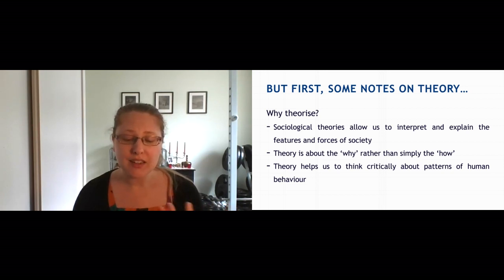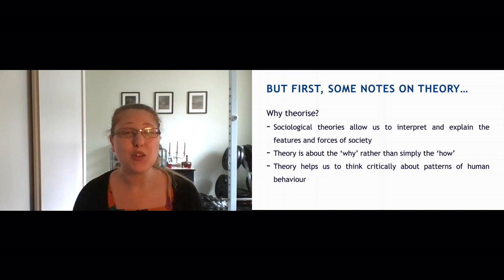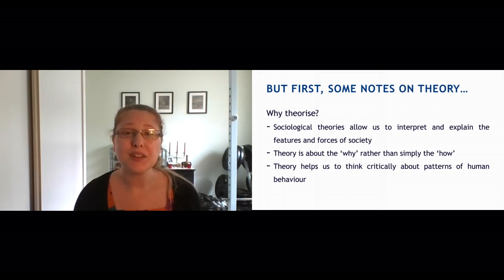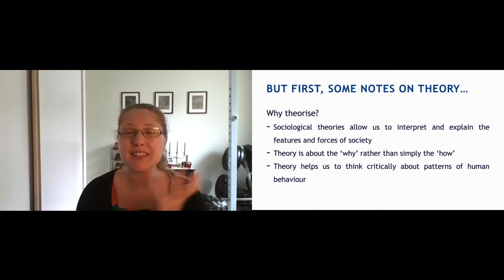They're often contextual and relational, so they pertain to a specific social context. They're not able to be universally applied because we know that human societies vary enormously cross-culturally. So we would know intuitively that it's very difficult to apply theories wholesale from one society to another.